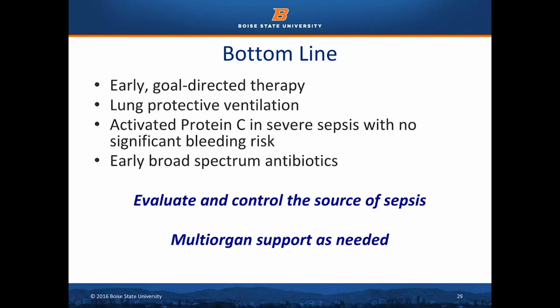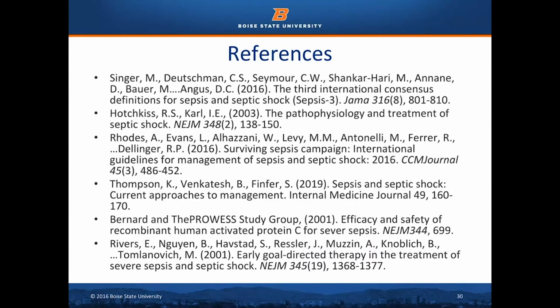So we need to identify the source of sepsis, drain it or treat it as we can, and then provide for multi-organ support by maintaining O2 delivery to the tissues and perfusion of the kidneys. And that's what we can really do to impact outcomes in septic shock.